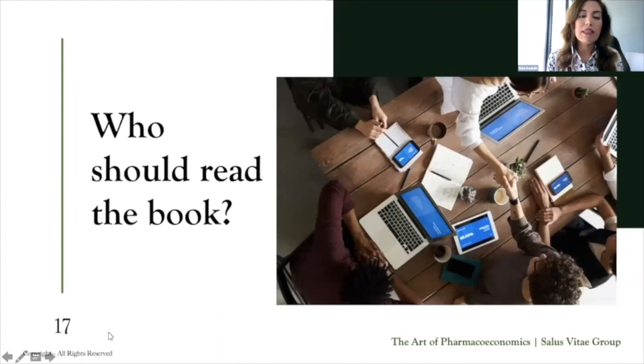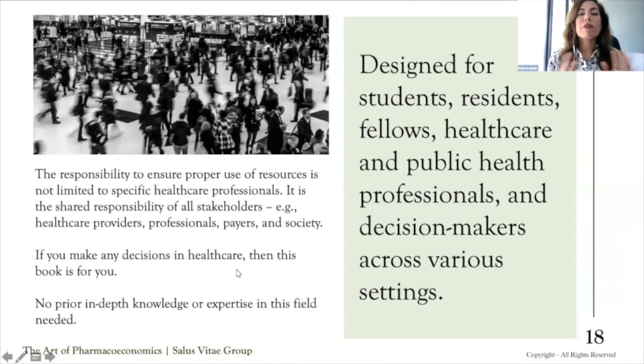Now, who should read this book? The responsibility to ensure proper use of resources is not limited to any specific healthcare professional. We started off this webinar talking about the significance of resource allocation and how really everybody has a responsibility to appropriately allocate the resources, whether you're a physician, a pharmacist, a healthcare professional, a payer, an institution as a whole, a country, whatever positions you have or whatever decision making you have, you have a responsibility towards that.